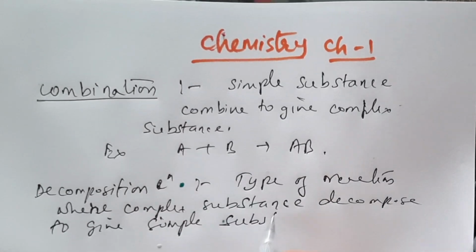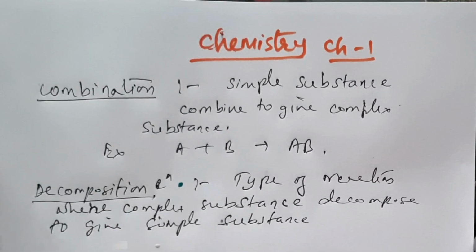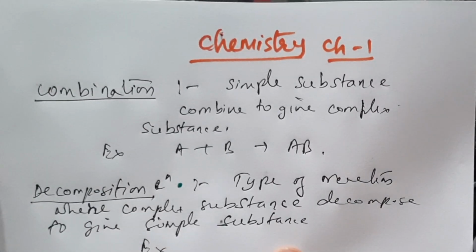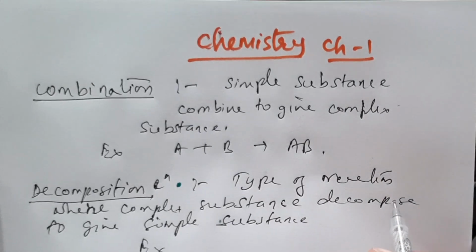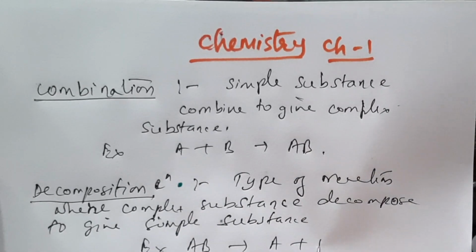So the same question they can ask, like what is the difference between combination and decomposition. The example here: complex substance is getting decomposed, that is, split into simple substances. So here AB is getting converted into A plus B.